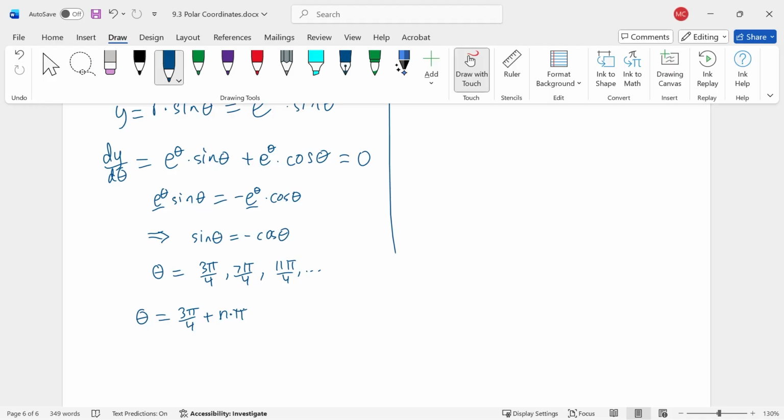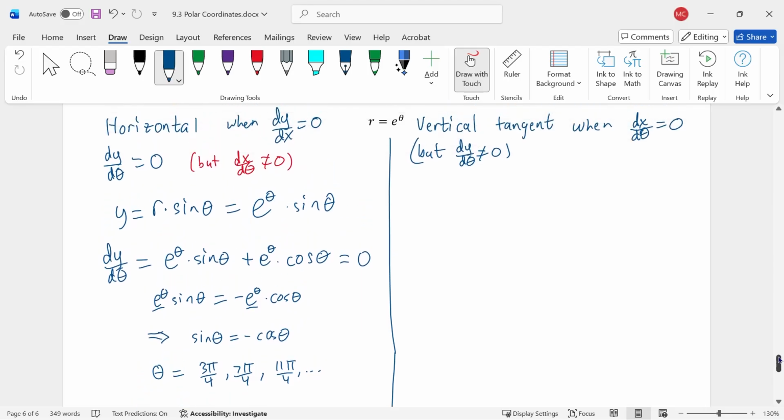Before we figure out what our points are where our tangent lines are horizontal, we want to figure out if there are any places where dx/dθ is 0. So let's look at that first. x is r times cosine of θ, which is e^θ times cosine of θ. So dx/dθ is e^θ times cosine of θ minus e^θ times sine of θ.